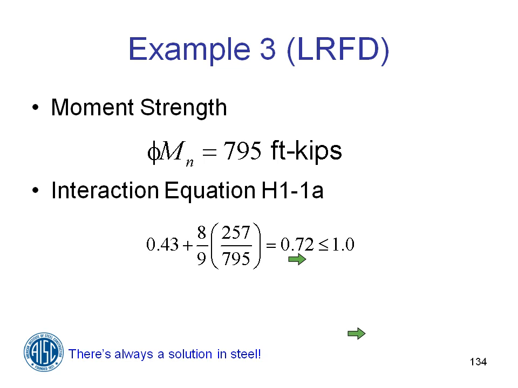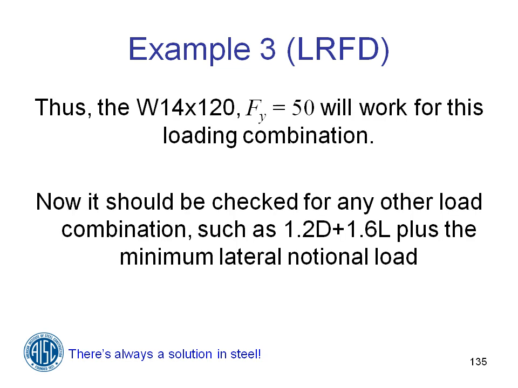There's going to be a difference between ASD and LRFD, and that's acceptable according to the AISC specification. And just like the ASD solution, we have the other load combinations that we need to work with.